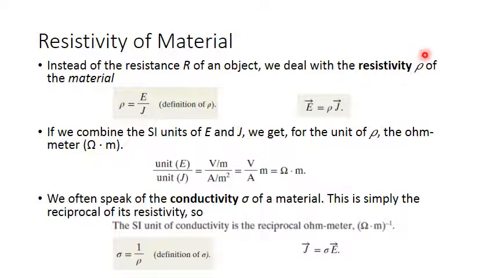Sigma is 1 over rho. And the unit of the conductivity is 1 over the unit of the resistivity, so the unit of conductivity is ohm meter to the power minus 1.